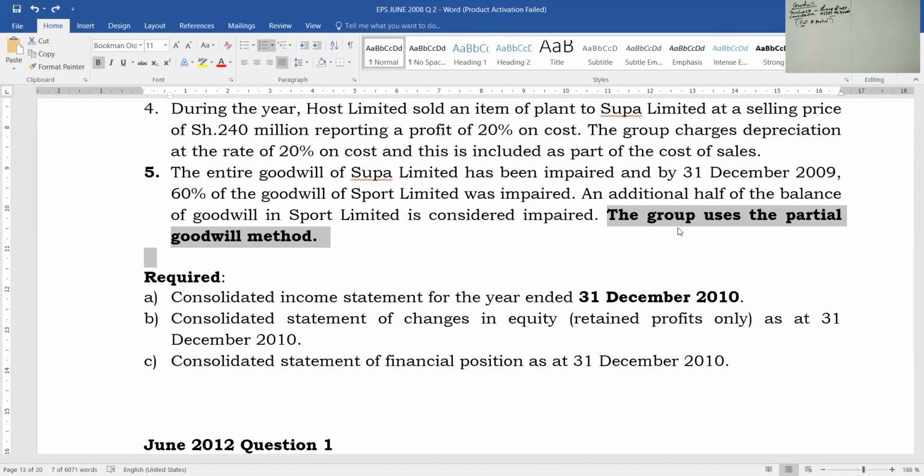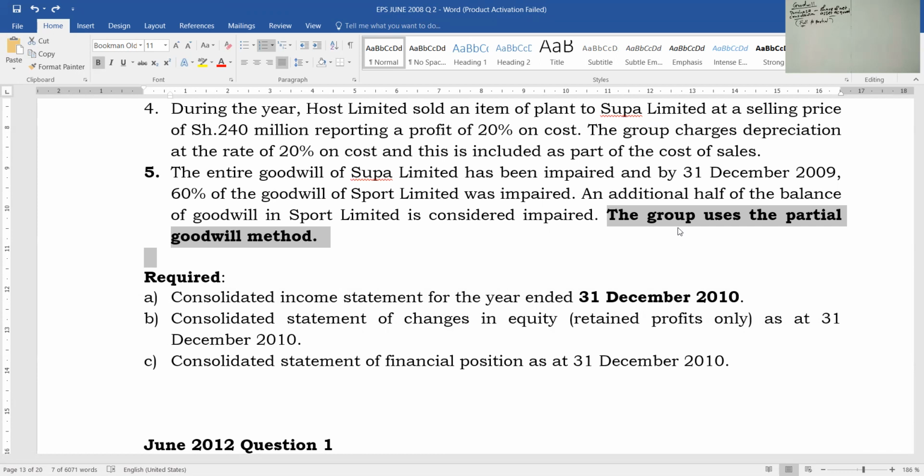Besides, if you are not given the fair value of non-controlling interest, you can compute it if you are given the market price of the ordinary shares of the subsidiary. I think you remember the example we did. In some scenarios, you might be given the market price of the ordinary shares of that subsidiary. You take the market price, multiply with the ordinary shares of that subsidiary, then multiply with the percentage of that NCI.